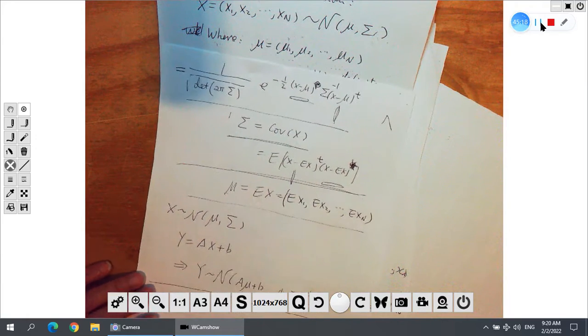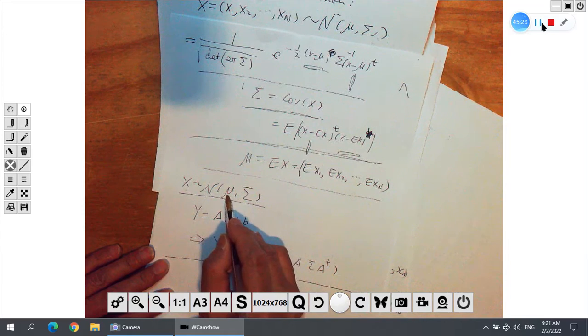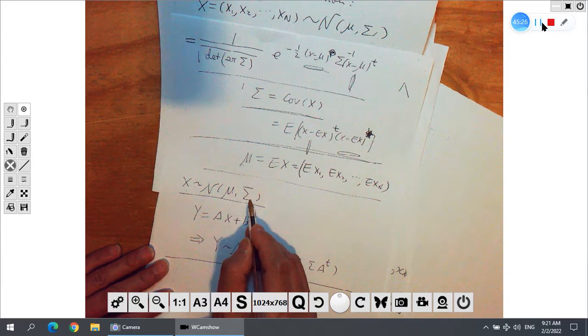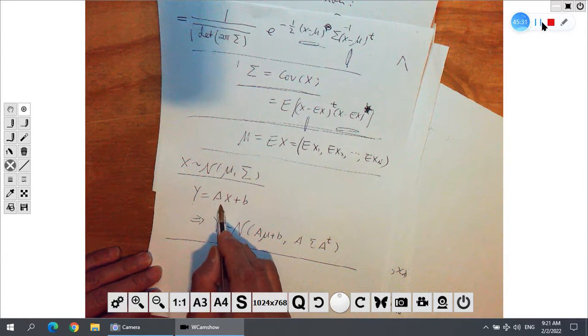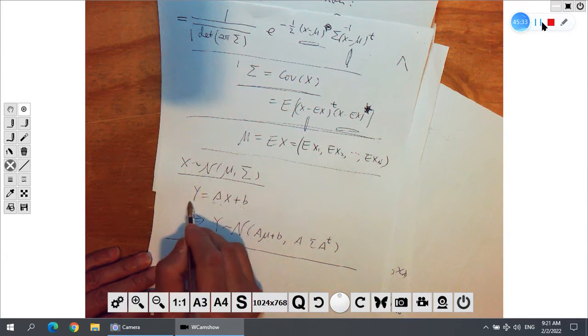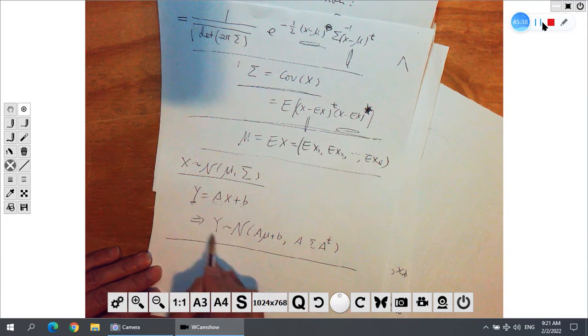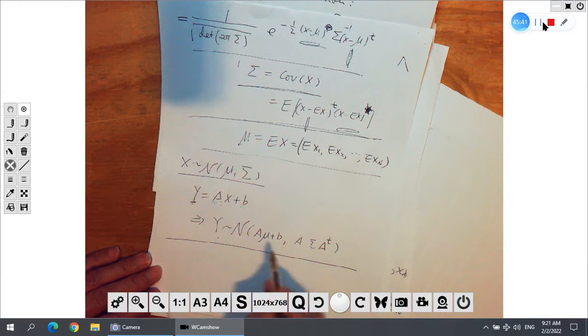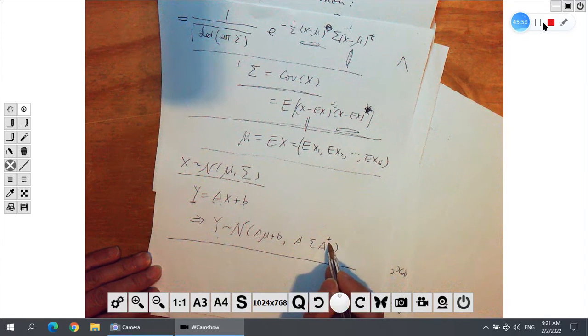And furthermore, suppose x is Gaussian distributed with this mu and sigma as the parameters, and we let y equal Ax plus b, another random variable, maybe a vector, right? Ax plus b will be a vector. This y is still Gaussian. It will obey a distribution with mean A mu plus b, and covariance A sigma A transpose.